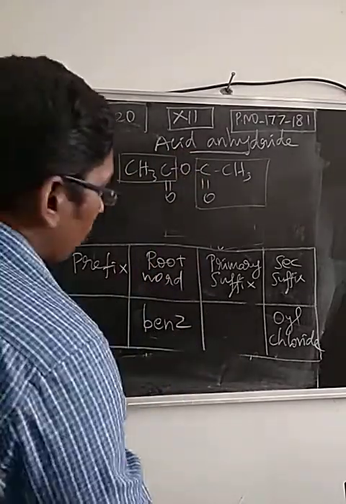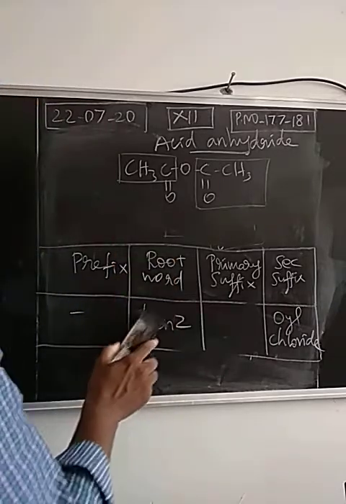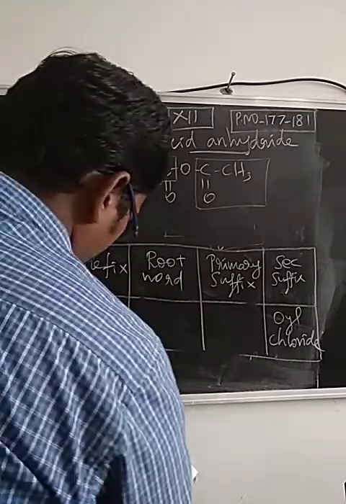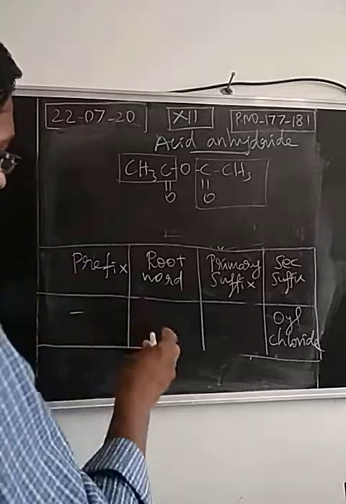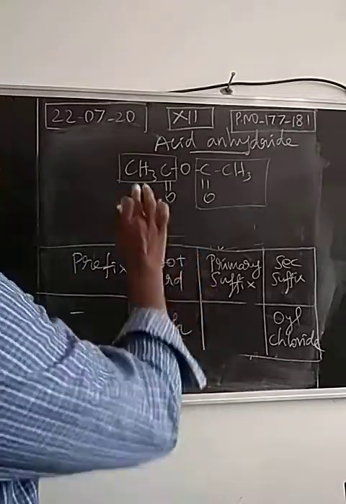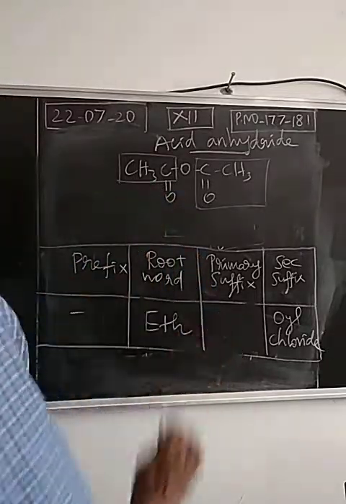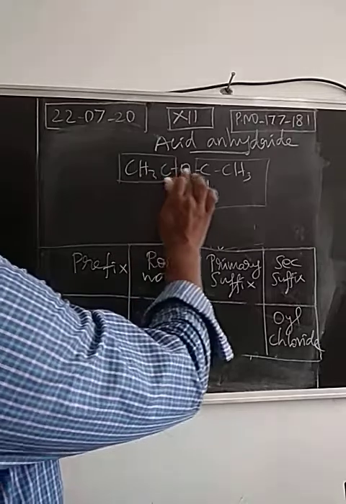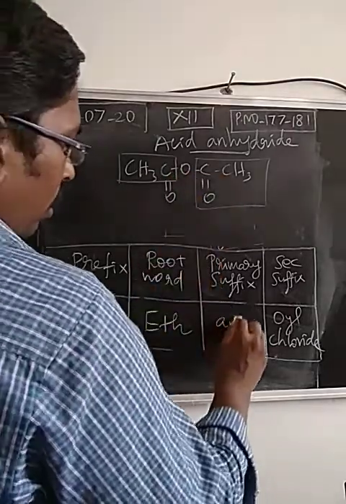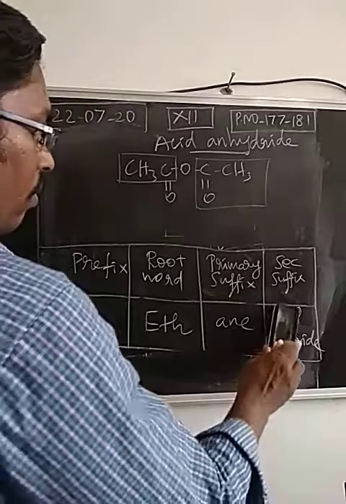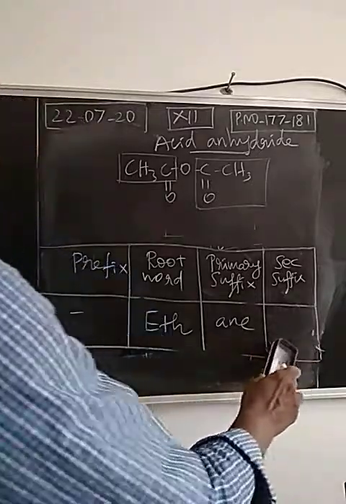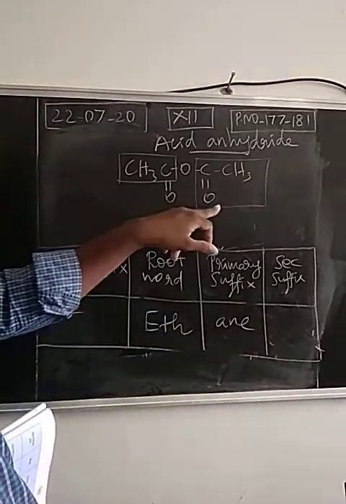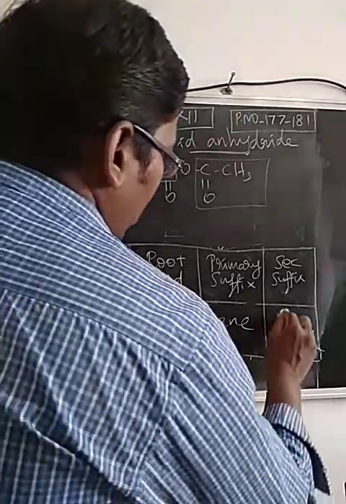We have two carbon atoms in the chain. What is the root word? Eth. Two carbon atoms, eth. Primary suffix: only single bond exists between the carbon atoms, so ane. For this arrangement, secondary suffix anhydride.